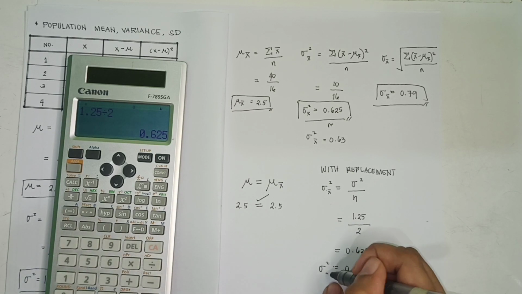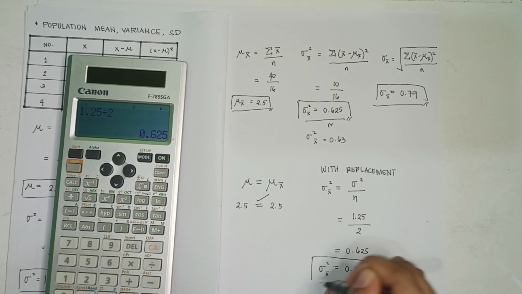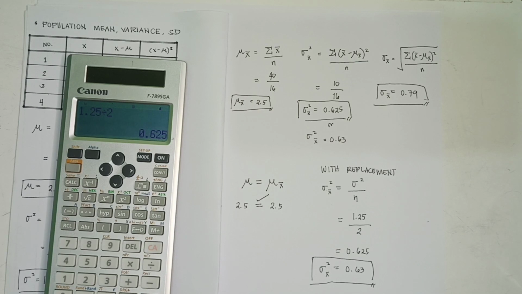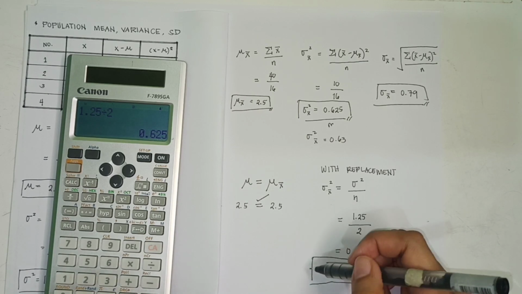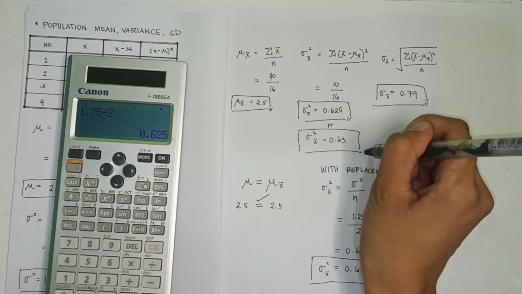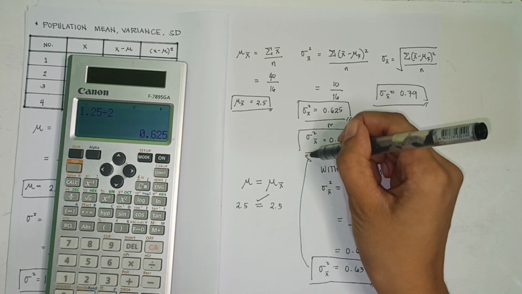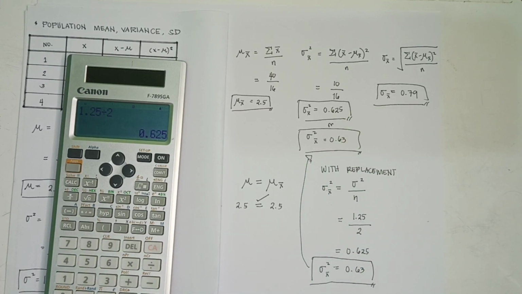So our sigma squared sub x bar is equal to 0.63, which is tumugma po. Okay? So, ibig sabihin, kaya mo rin kuhanin ang variance of a sampling distribution of means using the population variance and the sample size.